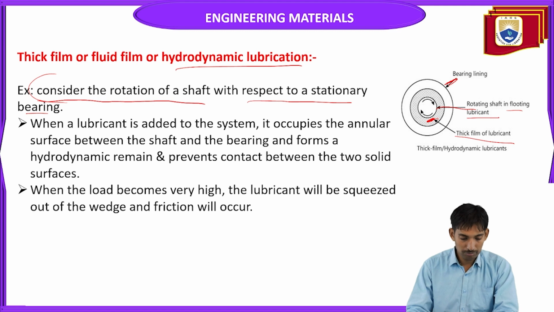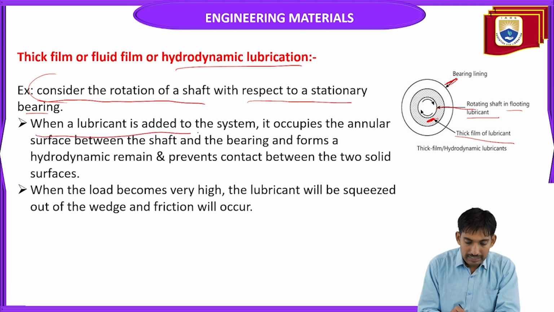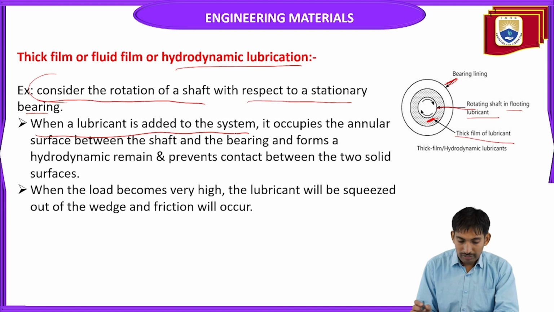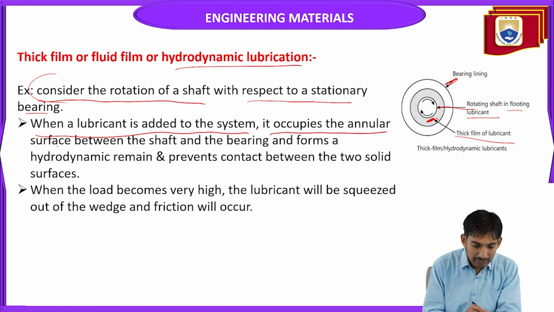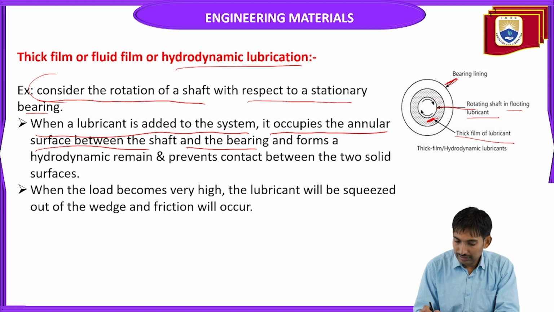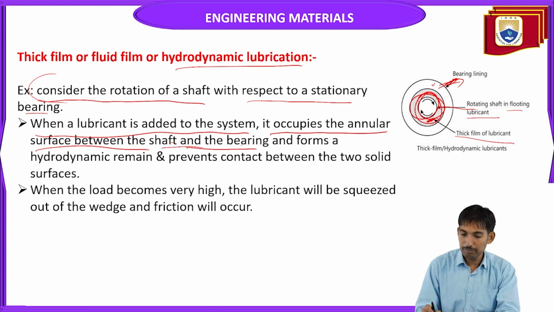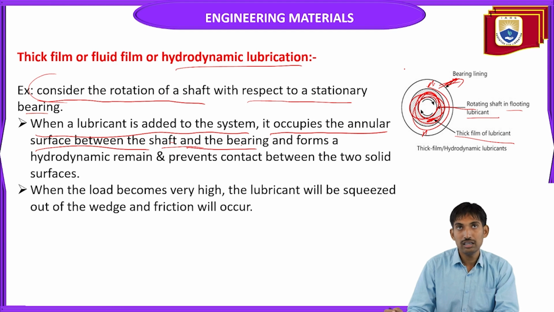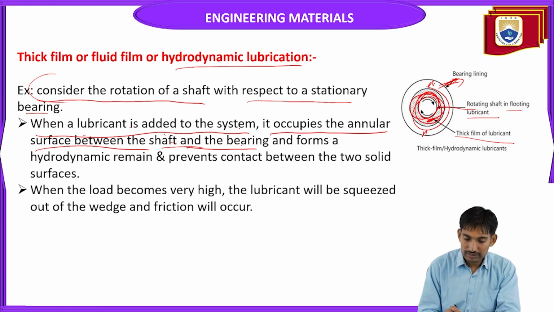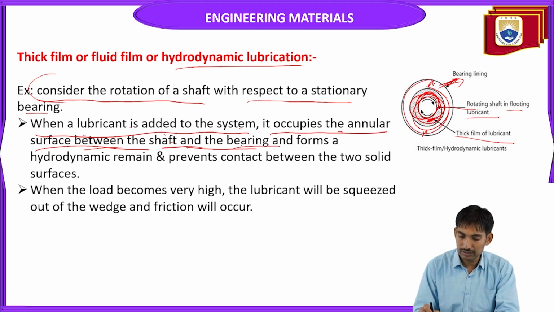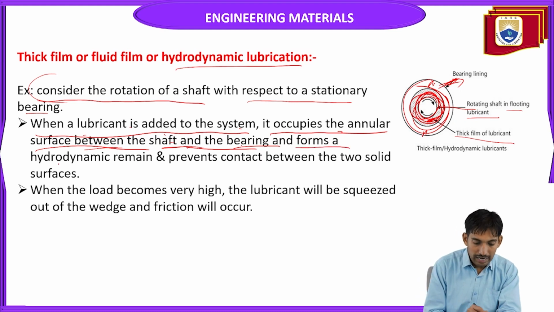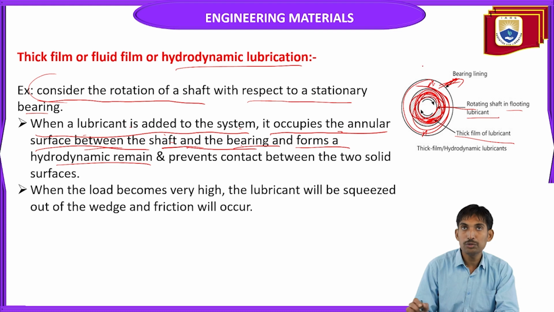If you take the thick film mechanism, you can observe it in the rotation of a shaft with respect to the stationary bearing. When a lubricant is added to the system, it occupies the annular space between the shaft and the bearing, and it forms a hydrodynamic lubricant film.